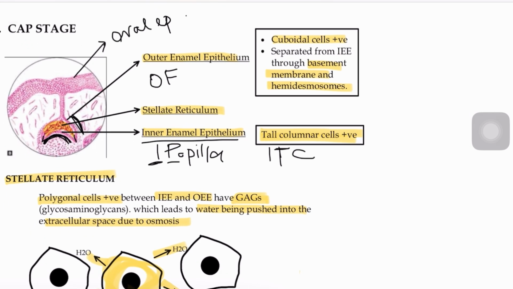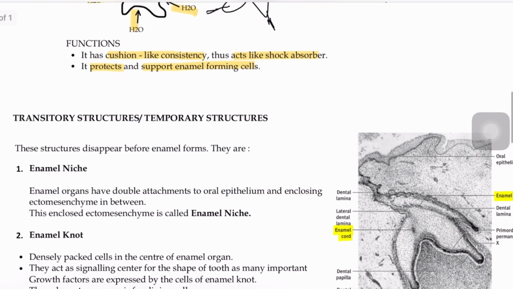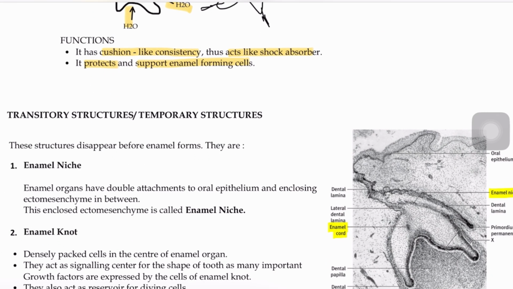Now in the cap stage, we have outer enamel epithelium, stellate reticulum, and inner enamel epithelium. Outer has cuboidal cells, stellate reticulum are polygonal cells which have turned into star shapes with cytoplasmic processes. Stellate means just that. And inner enamel epithelium are known as tall columnar cells. So stellate reticulum cells act like shock absorbers and will protect the enamel-forming cells.